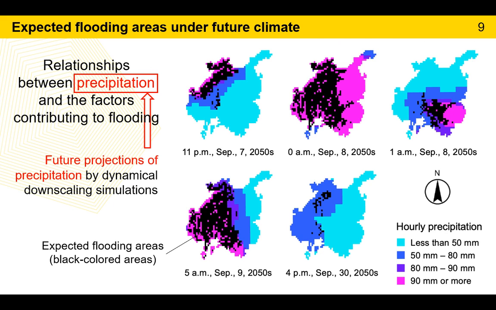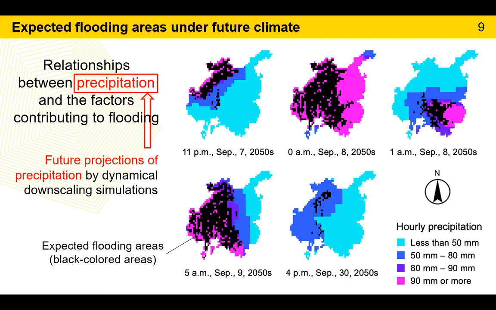In particular, when we use the future projection of precipitation, we can obtain the expected flooding areas under future climate conditions.